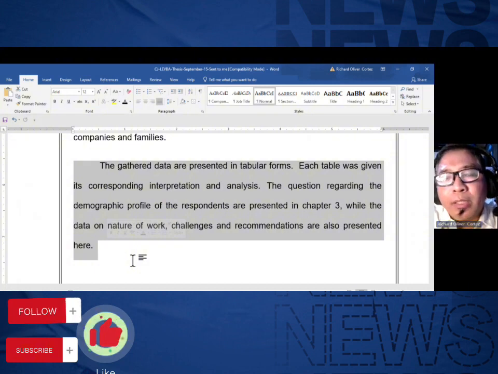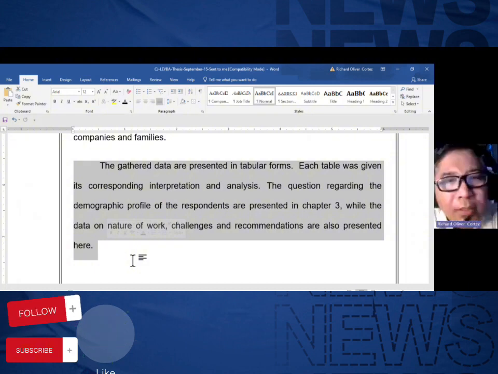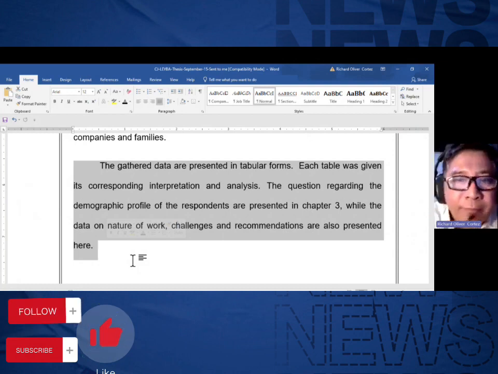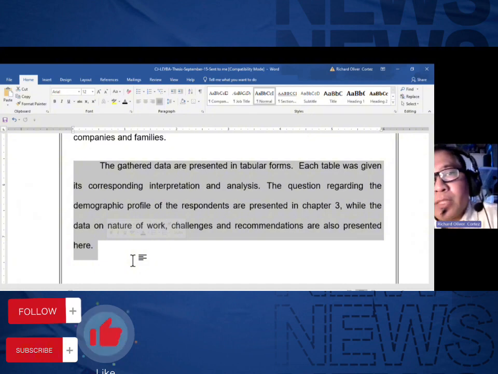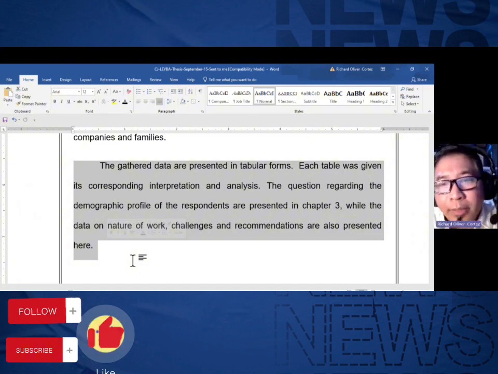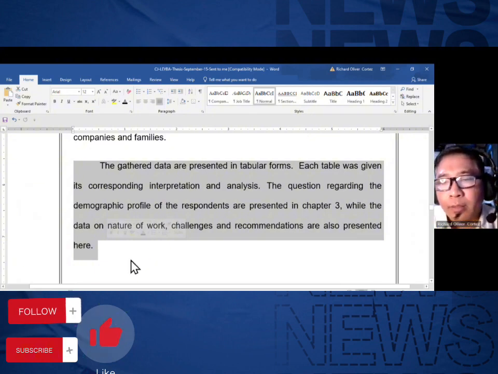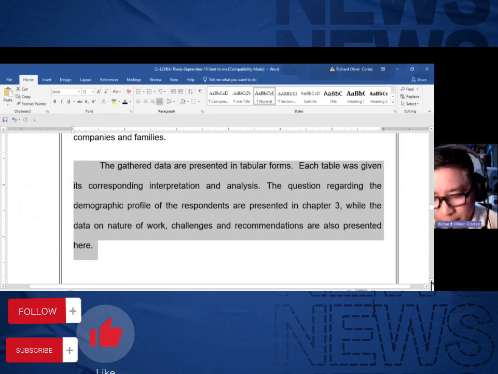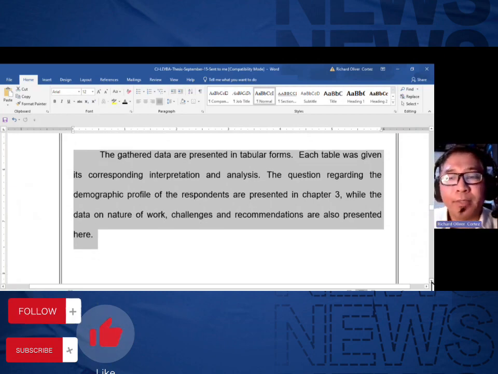Although I have encountered that some researchers prefer the discussion above the table, for this format, we're going to use the format wherein the discussion will be presented below the table. Okay, so that is the data presented, or the data to be presented.